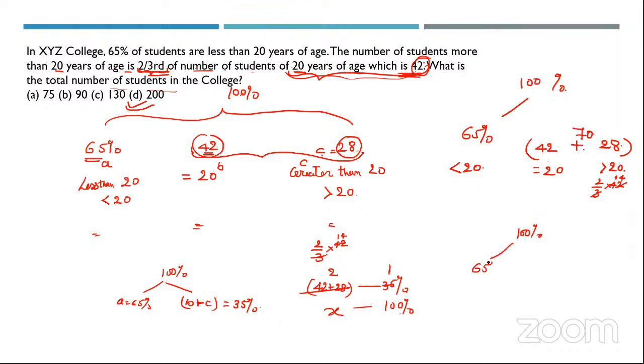This you know is 65% and this you know is 70. So if I want to write in terms of percentage, can I say this is 35%? So 35% is 70. 100% will be equal to what? 100% is equal to 200. So x is equal to 200. Okay, so the answer is 200.